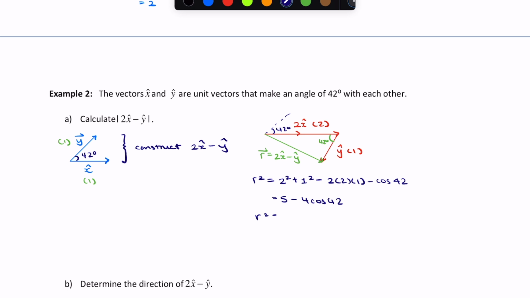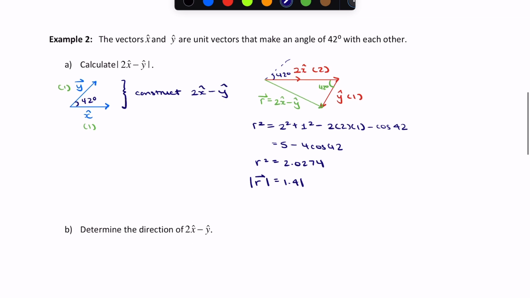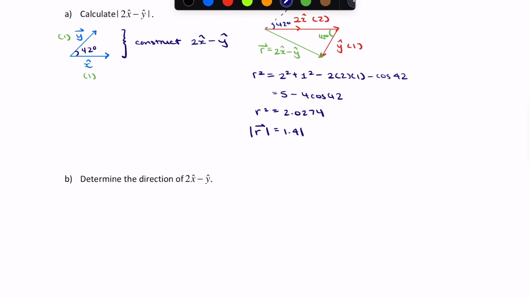Here, r squared is equal to approximately 2.0274. And therefore, r is equal to 1.41. And so that's the magnitude. Again, the magnitude of our resultant vector is 1.41.